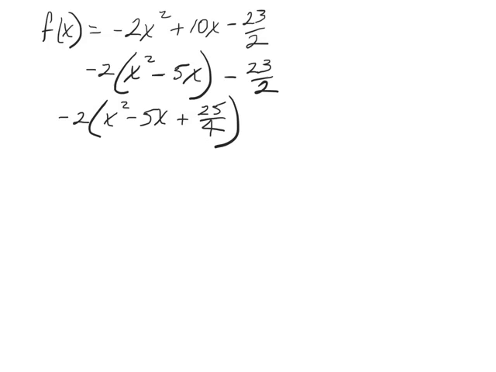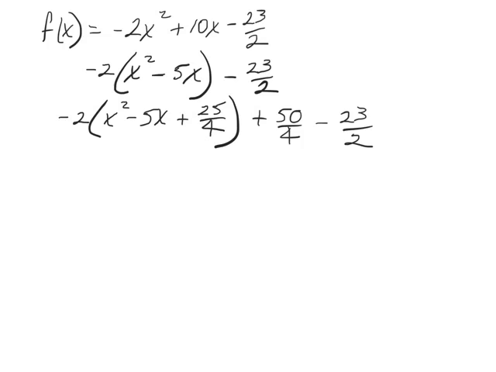So now we're going to have to add 50 over 4 minus 23 over 2 from right here. So -2 times 25 over 4 meant we just stuck a -50 over 4 there, so we had to add it there to keep it legal.